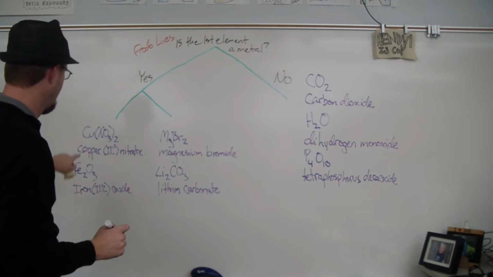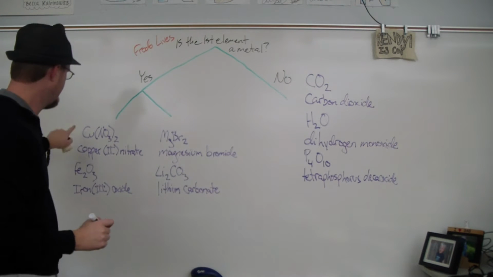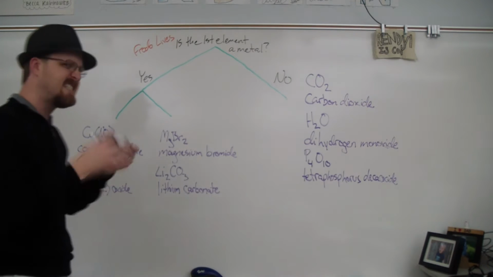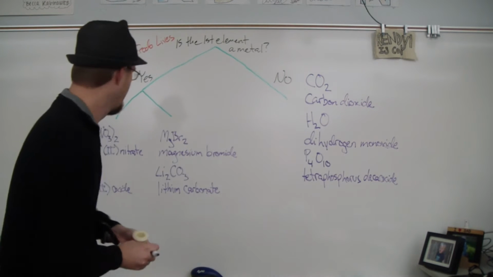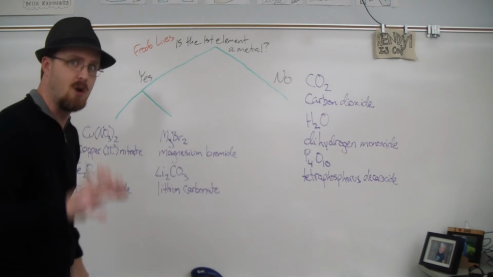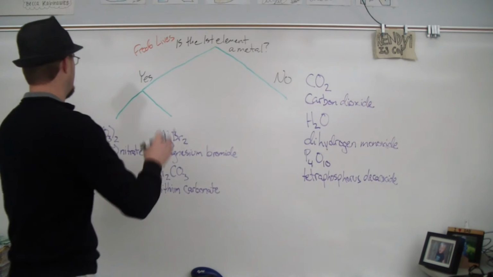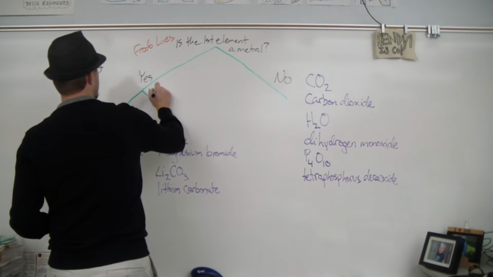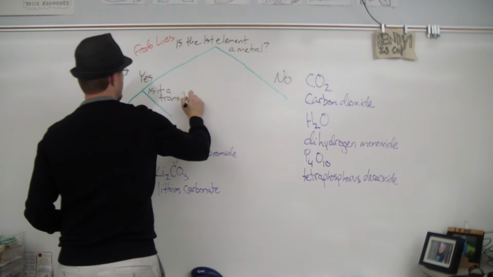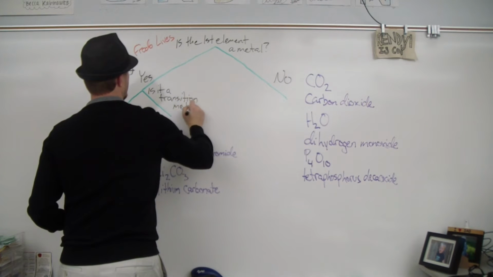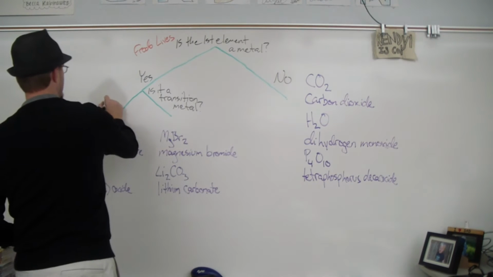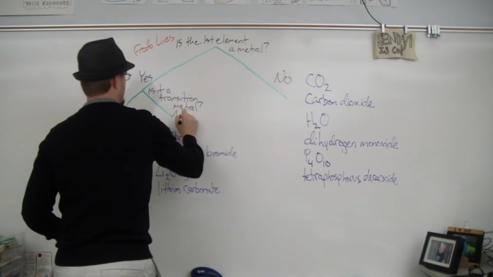Well, these metals over here, copper and iron, happen to be transition metals. So there must be something about that, because magnesium and lithium are not transition metals. So the next question must be, is it a transition metal? All right, and clearly there are only two answers there, yes and no.